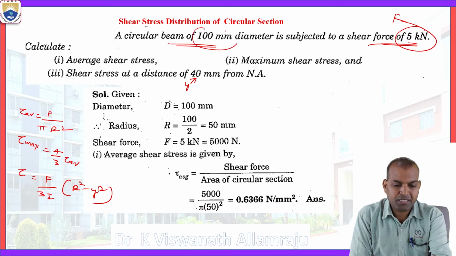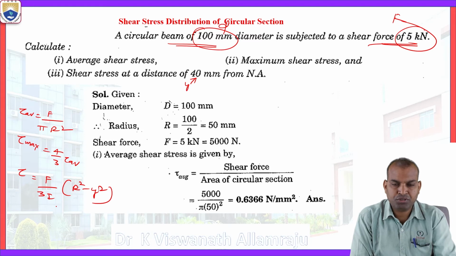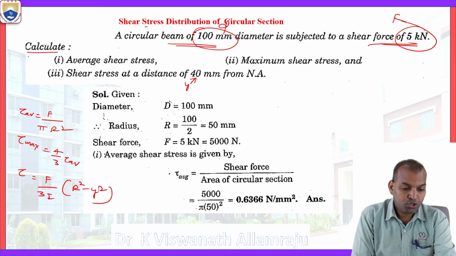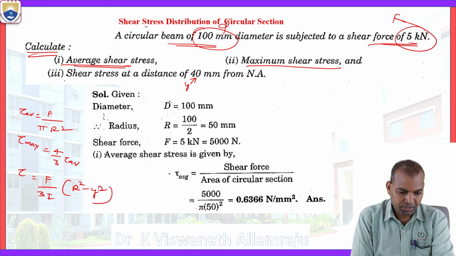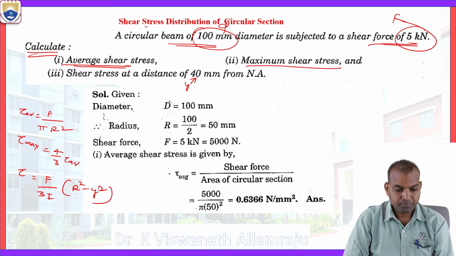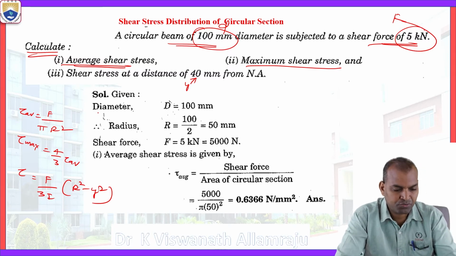And the diameter D is 100 millimeters, so R equals D by 2, that is 100 by 2, which is 50 millimeters. What is to be calculated? First the average shear stress, second the maximum shear stress, and third the shear stress at a distance of 40 millimeters from the neutral axis. This 40 millimeters is y.